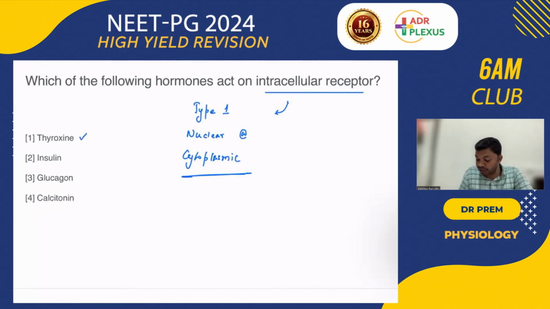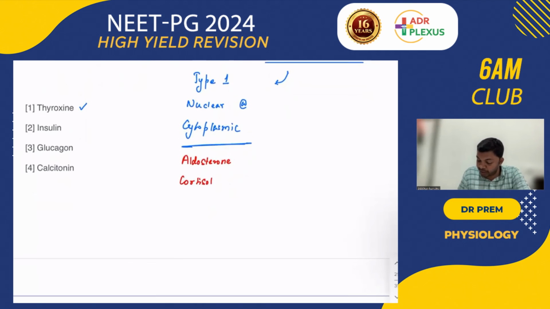The hormones using cytoplasmic receptors are aldosterone, the mineralocorticoid, and the glucocorticoid cortisol, and dehydroepiandrosterone. These are all adrenal cortical steroids, followed by gonadal steroids like testosterone, estrogen, and progesterone.